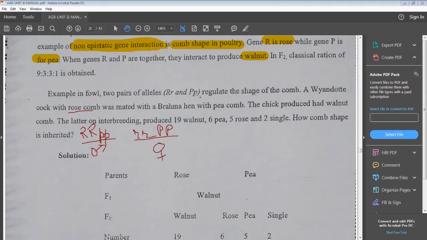Only when capital R and capital P are both present do we get the walnut comb.